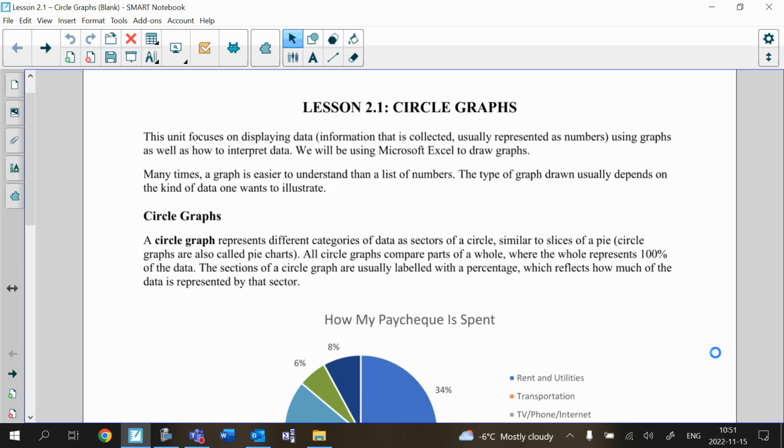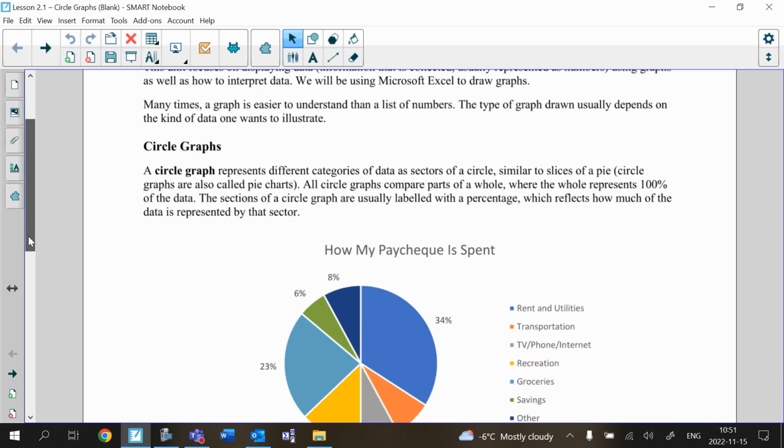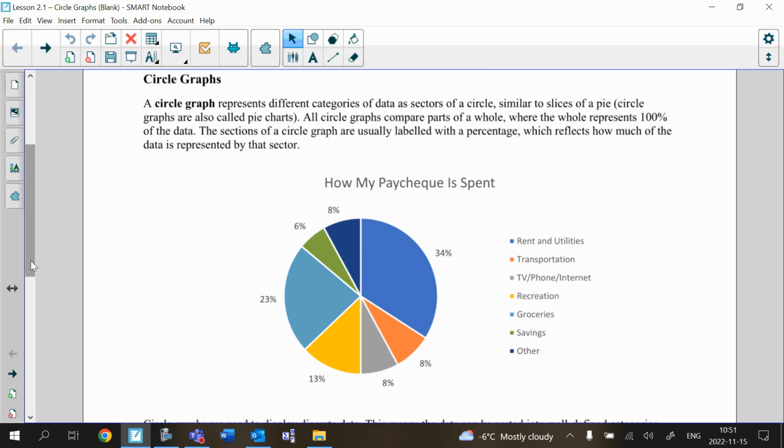So a circle graph, as the name implies, is a graph in the form of a circle, and we use percentages. It represents different categories of information as sectors of a circle or slices of a pie. And when you add all the slices together, you get the whole amount. Here is a circle graph of how somebody named Mai's paycheck is spent.